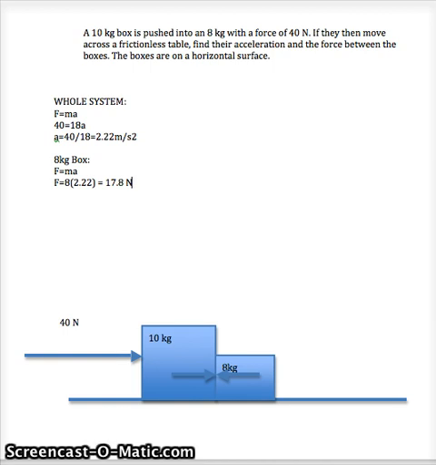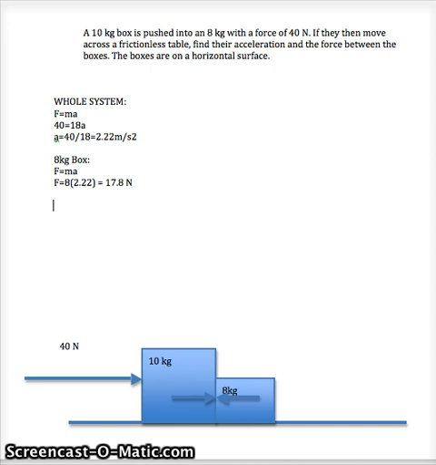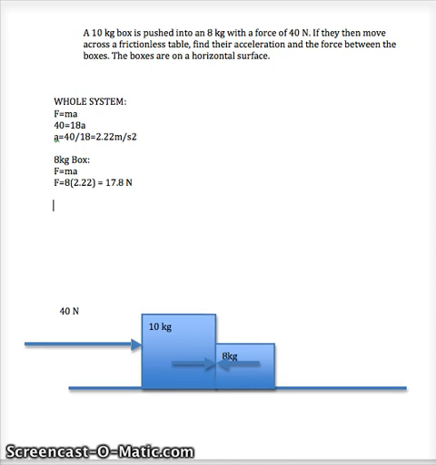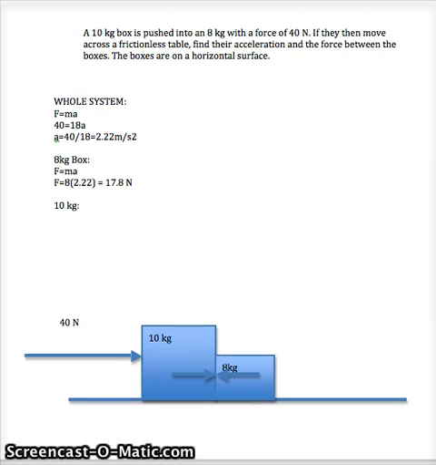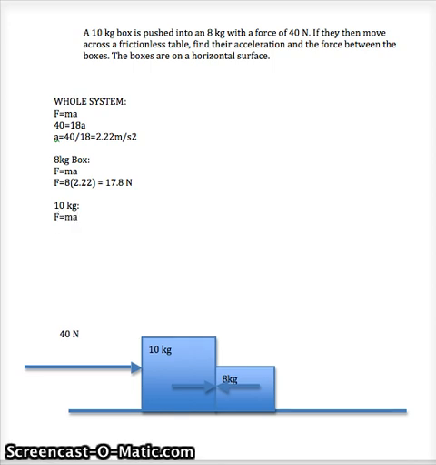But if, on the other hand, we only want to consider the 10 kilogram box, now this is not something that you have to do, but it'll make it clear that it's the same thing. So if you want to just look at the 10 kilogram box, there you've got two forces acting. When you do F equals ma, you've got the 40 Newton force minus this force right here, the force that's pushing from the 8 kilogram into the 10.